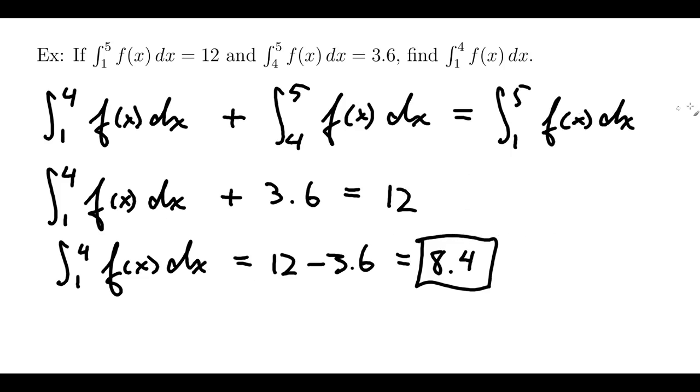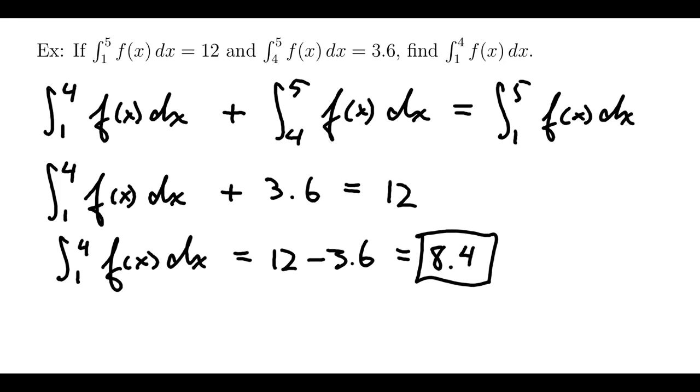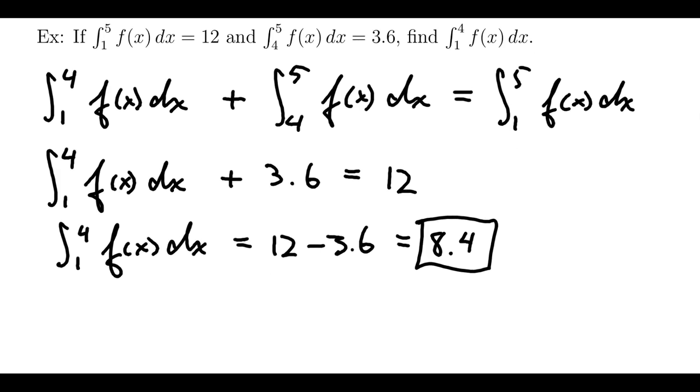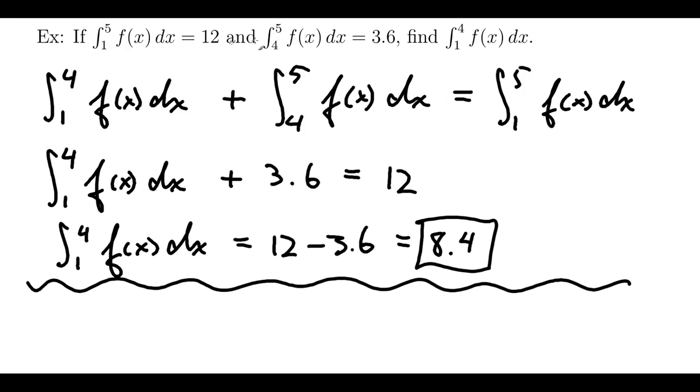Another approach would be to kind of set this up with, let me do this. We can take our given information and sort of set it up to force it to be equal to this stuff, right?